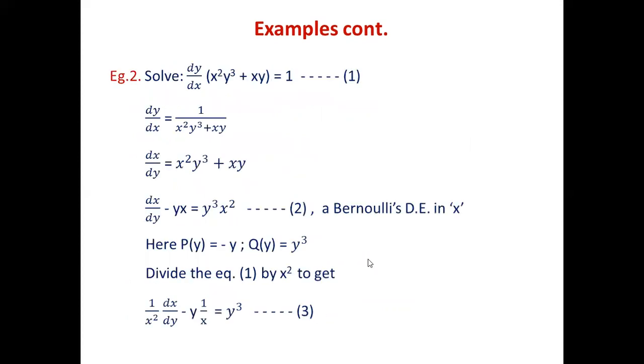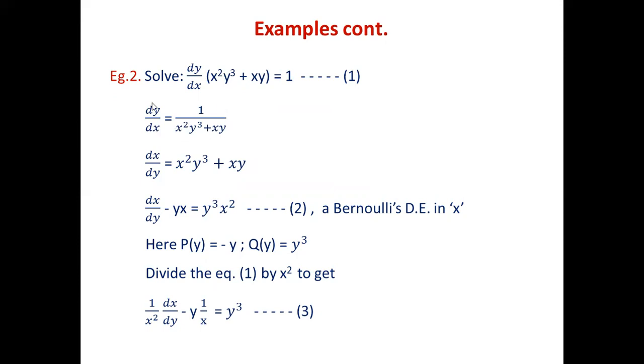Let us move on to another example. In this example, this is again a first order, first degree differential equation. So you just write from this dy by dx is what? And here there are 2 terms, but in the general form of Bernoulli's differential equation, you should have 3 terms. You cannot split this into 2 more terms.